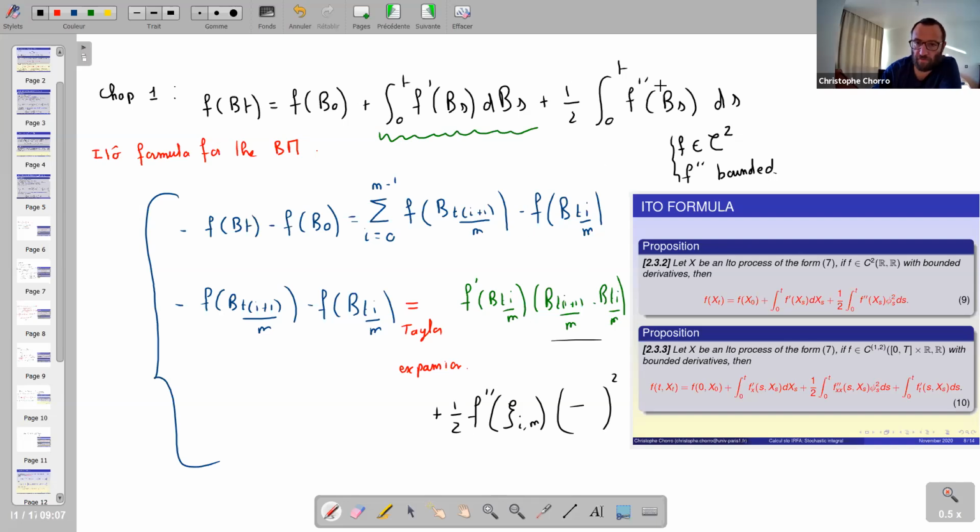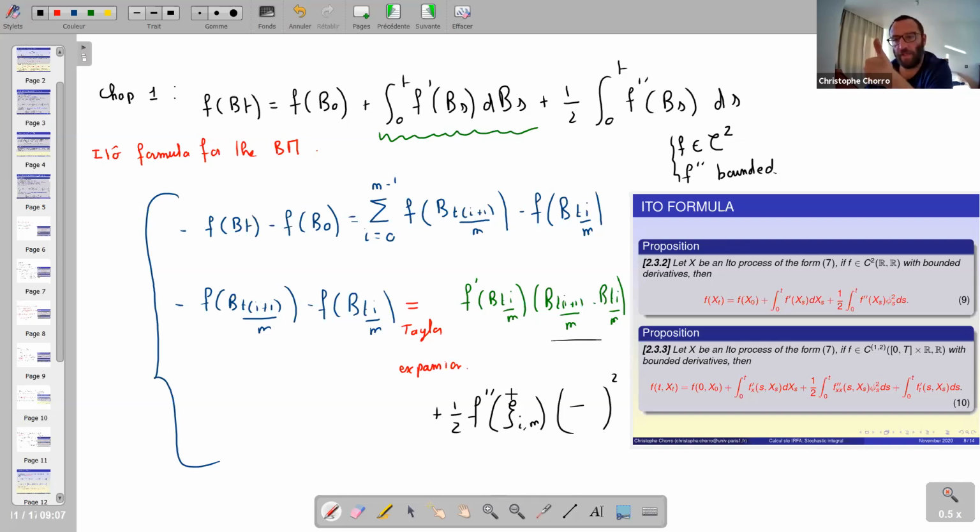The second derivative also comes from the Taylor expansion. And if I do the job, as I have explained to you two sessions ago, and you also have the proof in the lecture notes, I can pass to the limit to prove that I converge toward what I want.